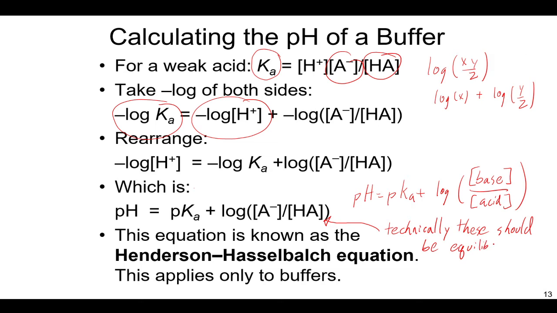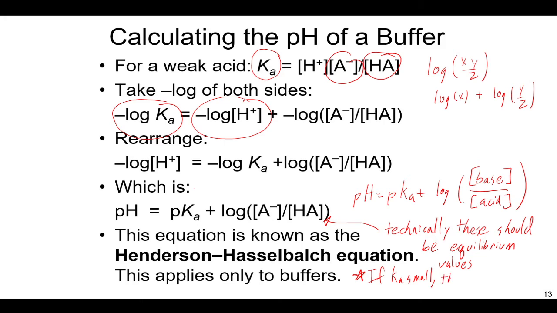Where you'd have to do an ICE chart and worry about all the changes and then get the equilibrium values. But most of the time, since these are weak acids, there's very small dissociations, neglecting X is safe. Usually this is going to be fine to just, if Ka is small, then neglecting X is probably fine.